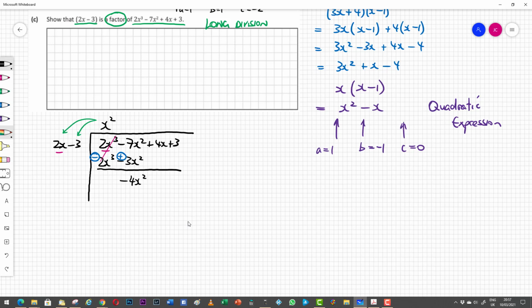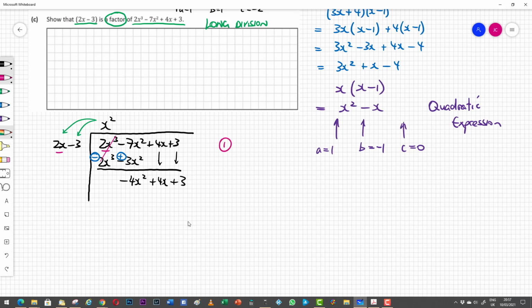And then finally, we bring down any terms we haven't used yet. So 4x minus 0 is obviously just 4x, and then 3 minus 0 is obviously just 3. So we bring those down. Some people bring those down at the end. I think we should bring them down as we're working with them. Okay, so we've kind of done the process once. We're going to do this same process 2 more times.